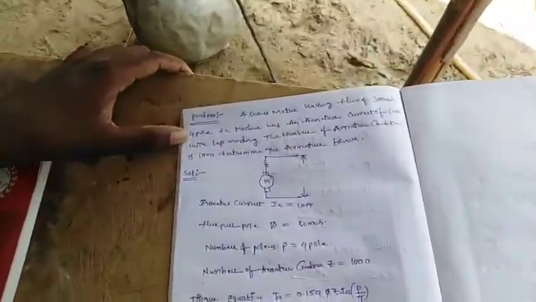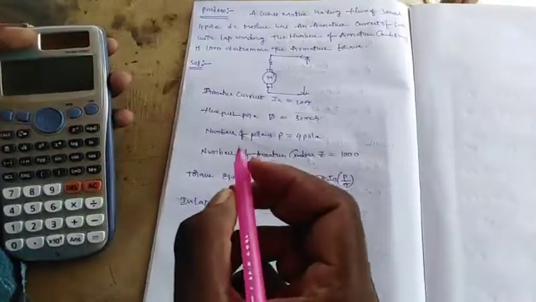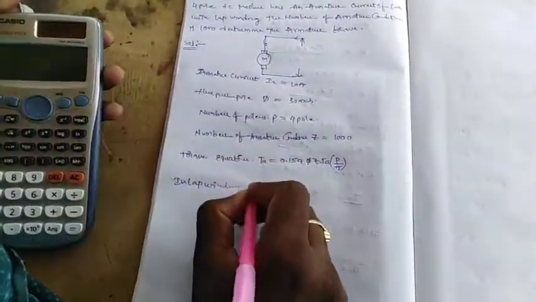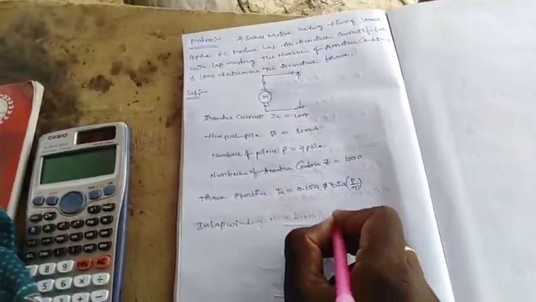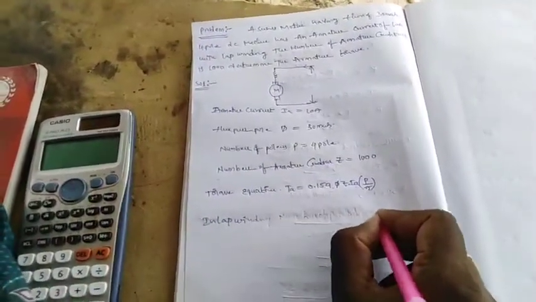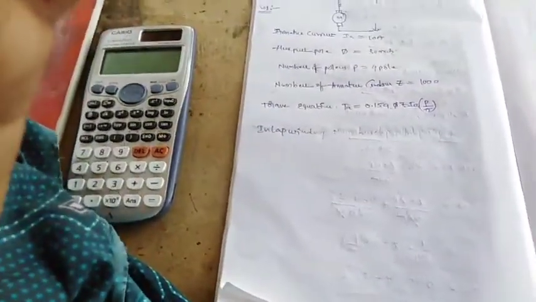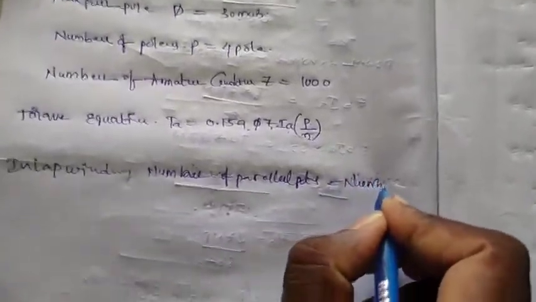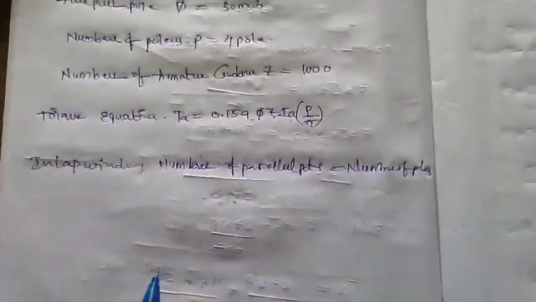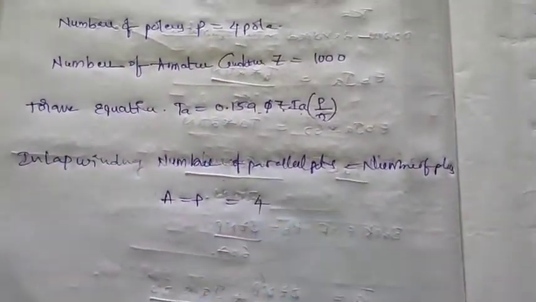In lap winding, the number of parallel paths equals the number of poles, that is A equals P. In this problem P equals 4.